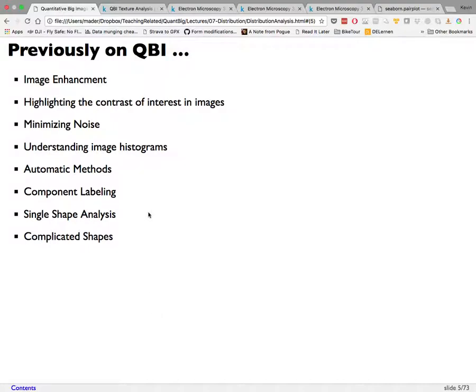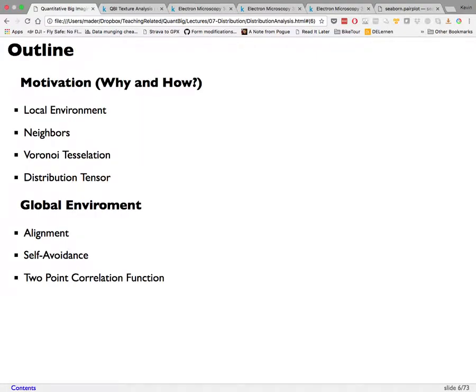If we look at what we previously covered, we had all of these different tools that we made to get from our original images to some kind of shape. We've segmented the features out, we've gotten rid of noise, we've figured out what's actually interesting, we've measured some positions, some shapes, and now the question is really what can we do with this?